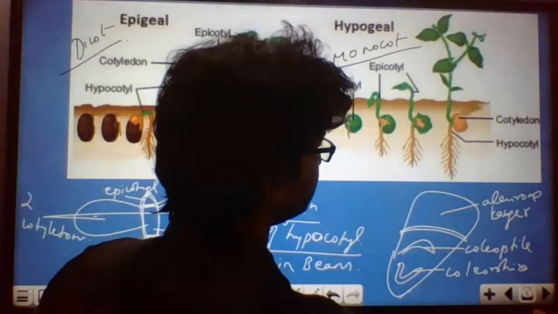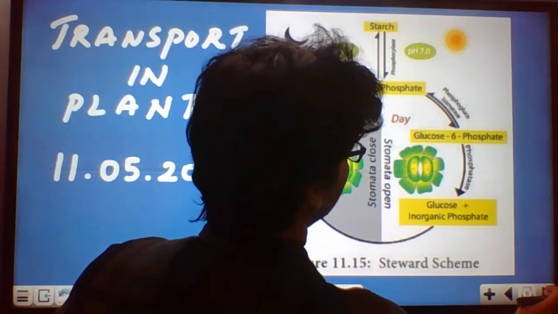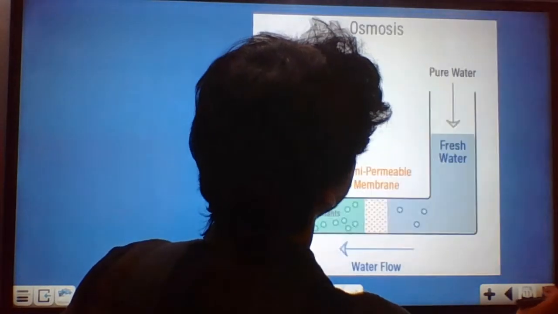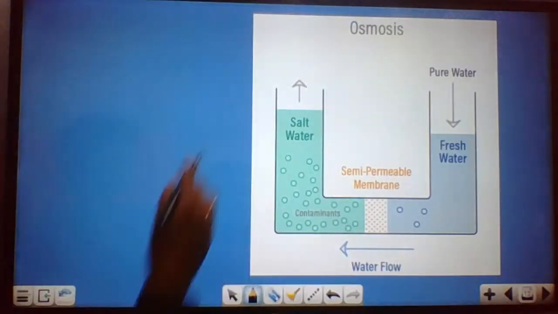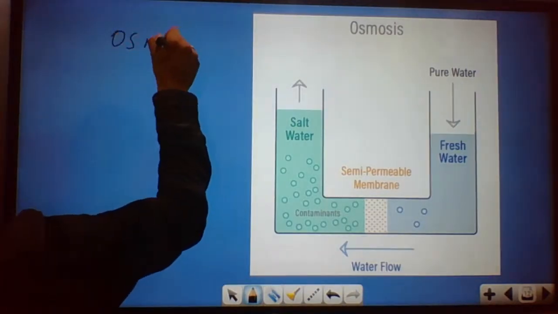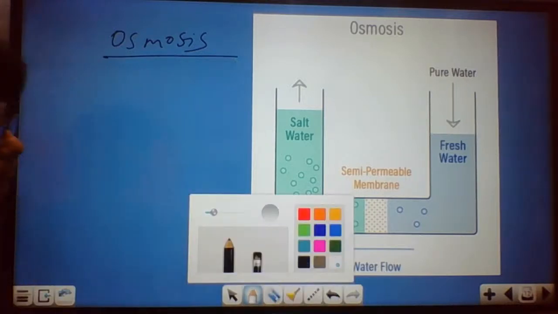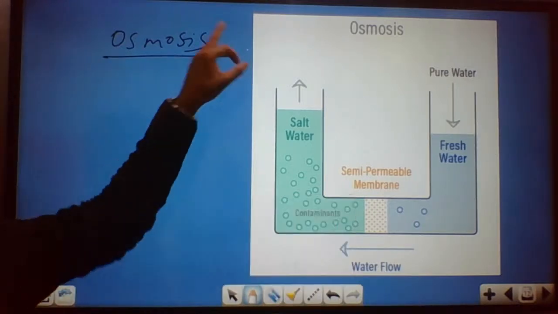Next, we move on to osmosis. So coming to osmosis, what type of transport is this? Is it active or passive? You would have performed the osmosis experiment in practicals also, using a potato, right?